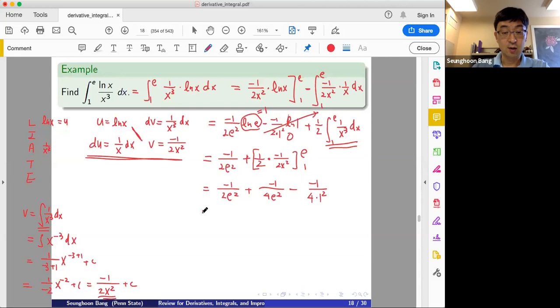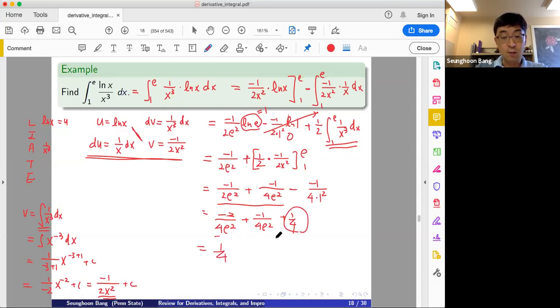So it is the same as negative 1 over 2, negative 1 over 4 e squared combined. This is negative 2 over 4 times e squared plus negative 1 over 4 times e squared. Change to positive, plus 1 over 4. Combine these two things: negative 3 over 4 times e squared. So that's it. This is your final answer for solving this problem.